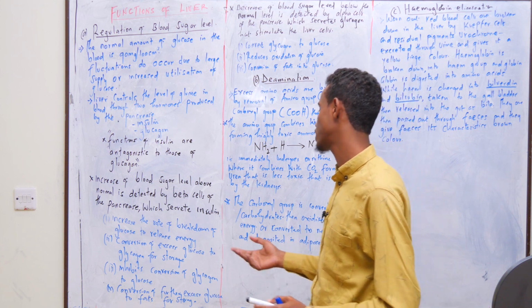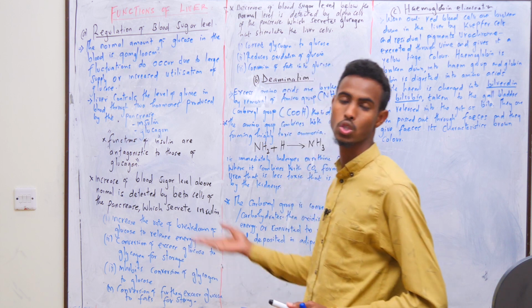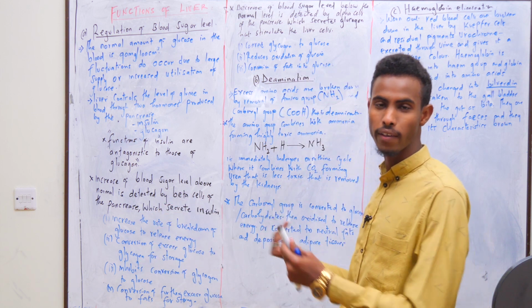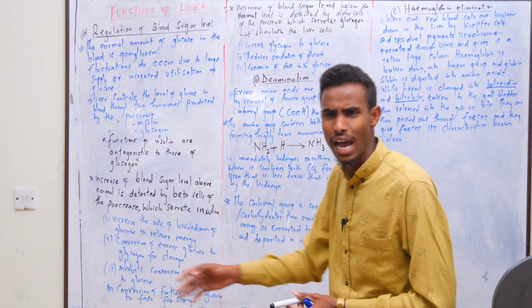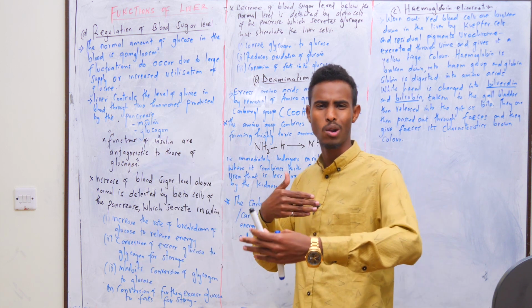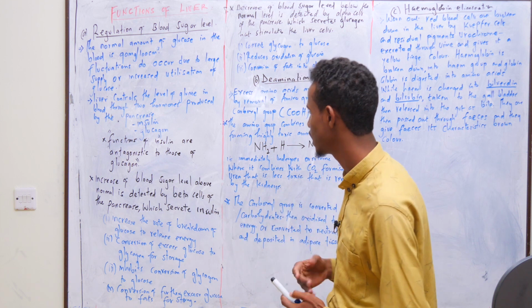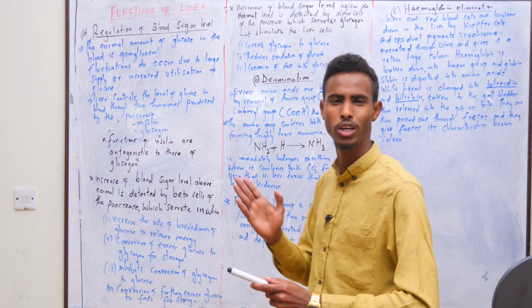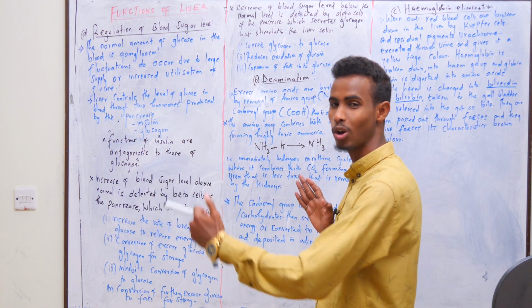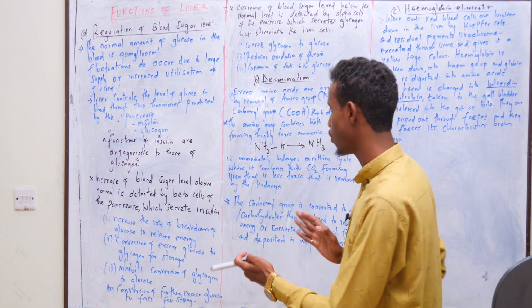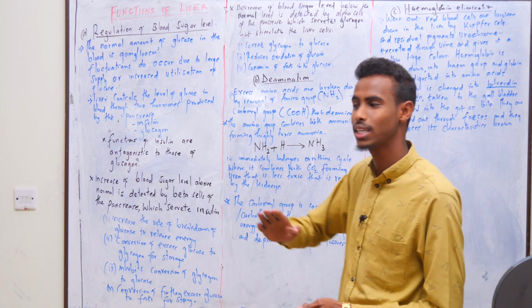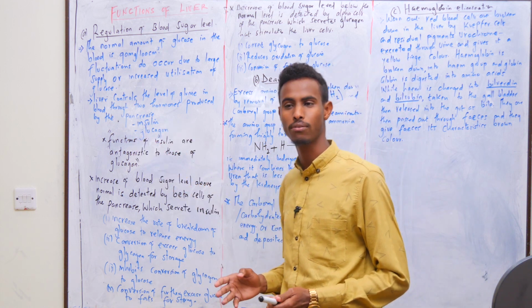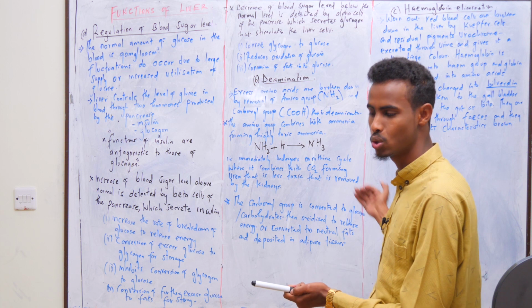Insulin converts excess glucose to glycogen, while glucagon does the reverse, converting glycogen to glucose. So when one tries to increase the blood sugar level, the other tries to reduce it.